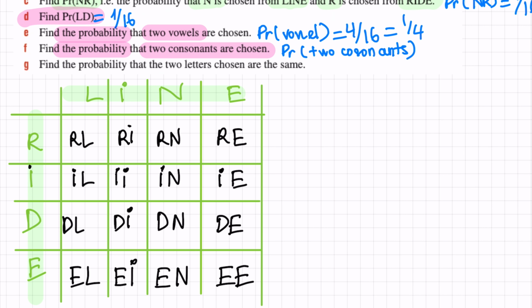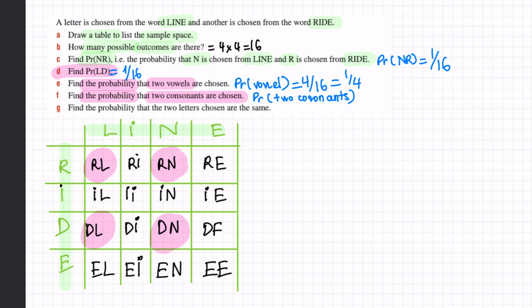Let's count again. 1, 2, 3, 4. No, not that one. 4. No, small L. So 4 out of 16 equals 1 over 4.